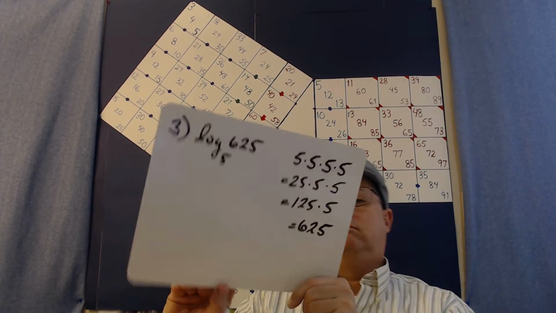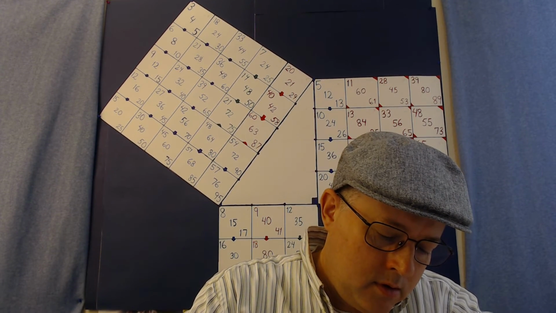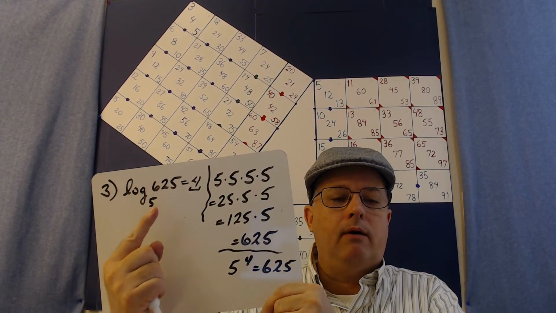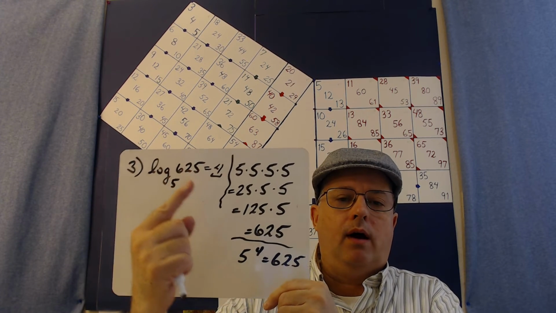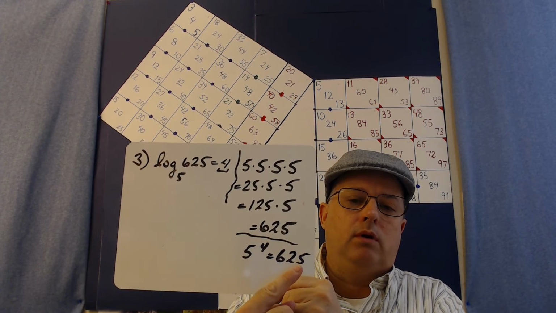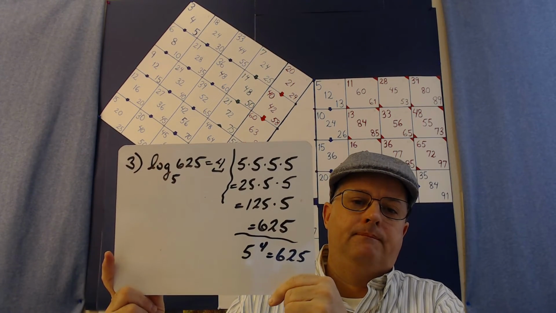Okay, so what power of 5 makes 625? The fourth power. What power of 5 gives us 625? The fourth power of 5 gives us 625. Alrighty then.